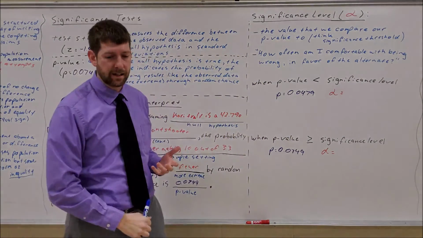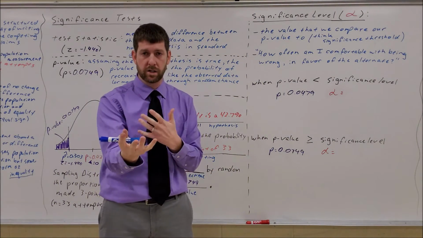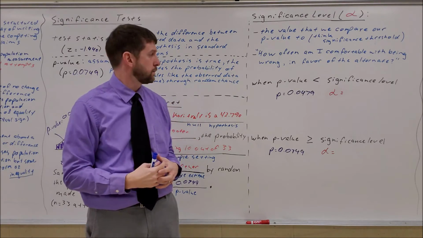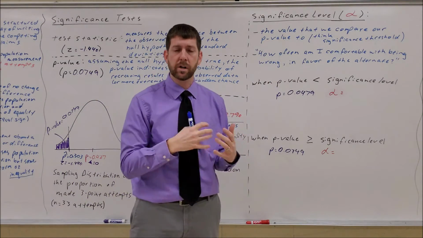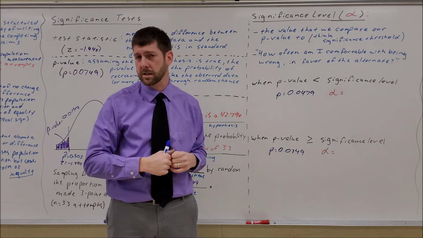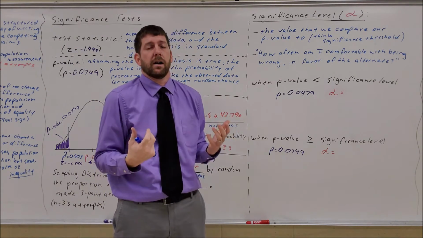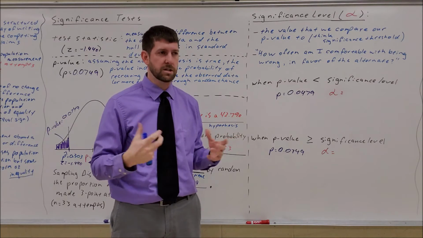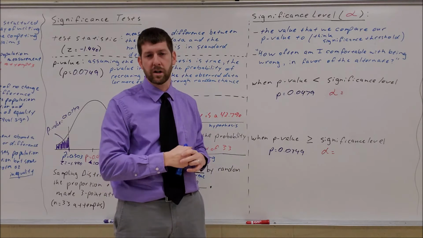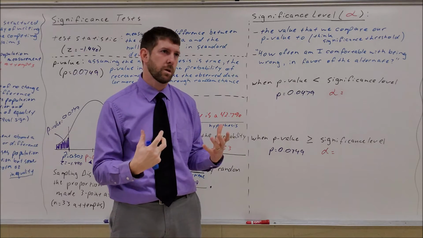So how do you decide? Well, a lot of times you guys are going to be given this value in your AP stats and you're having to do these calculations on the AP exam. You're going to be given that, but in real practice, this is a value you pick. You pick it at the beginning of the study before you do anything, and you're like, all right, I'm going to be okay if randomness were the explanation 10% of the time. I'm going to be okay if randomness is the explanation 1% of the time.